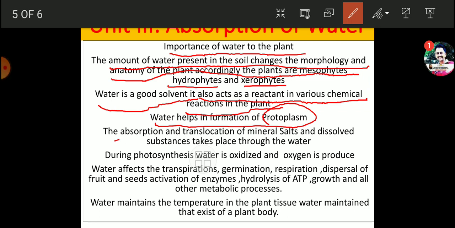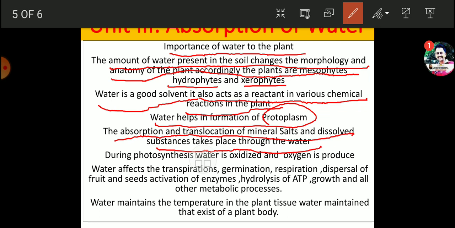The absorption and translocation of mineral salts and dissolved substances takes place. Now we know that many minerals are present in the soil, but they cannot be absorbed by the plant through the root system unless and until they get dissolved into a solvent, that is water.